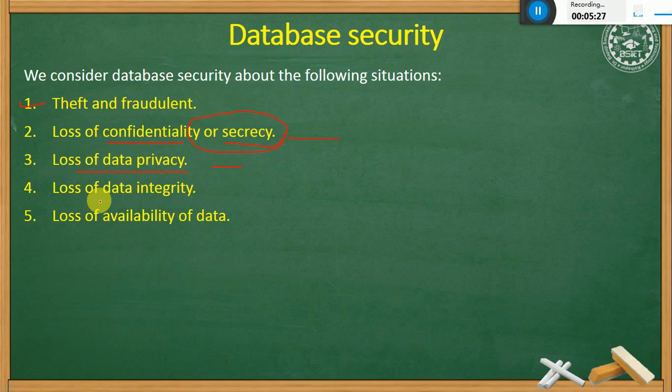Next, loss of integrity. This is a major problem where we require data security. Integrity means that when multiple users access the same data, there can be multiple different variants. Everybody is changing the data, so there will be no constant data.